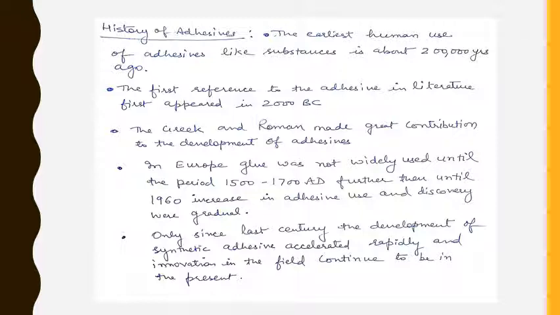The Greeks and the Romans made a great contribution to the development of adhesives. In Europe, glue was not widely used until the period of 1500 to 1700 AD, and until 1960 the increase in adhesive use and discovery was gradual. Only since last century has the development of synthetic adhesives accelerated rapidly, and innovation in the field continues in the present also.